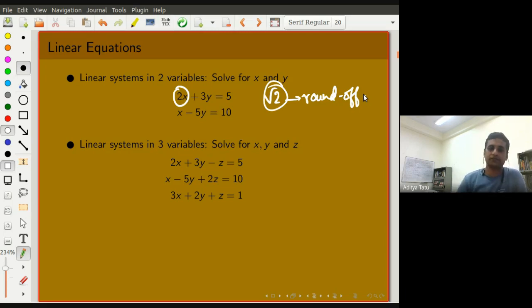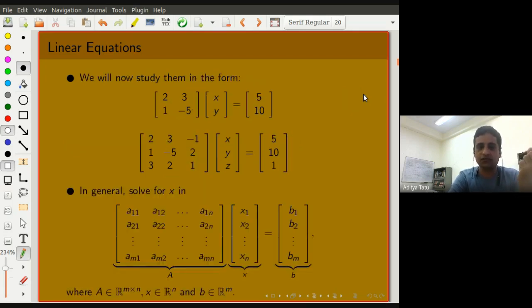Okay, so let's begin. Right, so this is something you are all familiar with, linear equations in 2 variables, in 3 variables. The form in which we will study these equations in this course will be written as a matrix. Okay, so 2 linear equations in 2 variables will now be rewritten in this way.